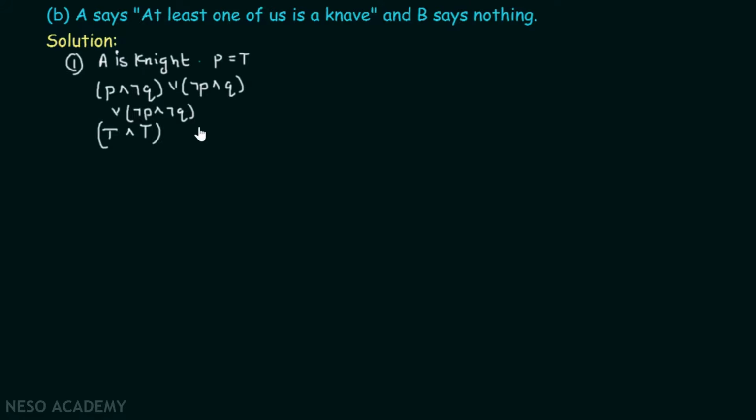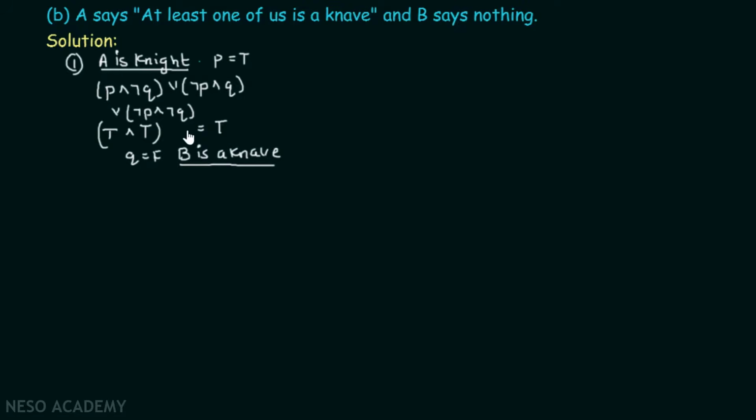Then this whole compound proposition will become true, right? If not Q is true, that means Q is false, which simply means that B is a knave. As B says nothing, therefore we can say that B is a knave and A is a knight.